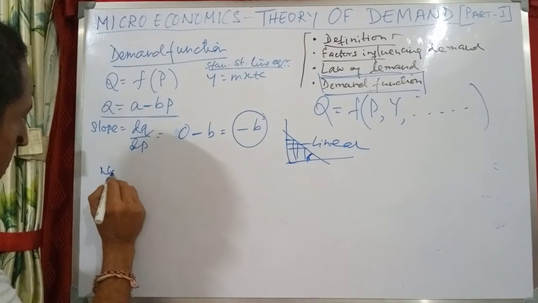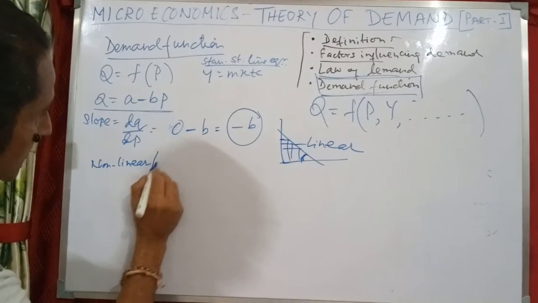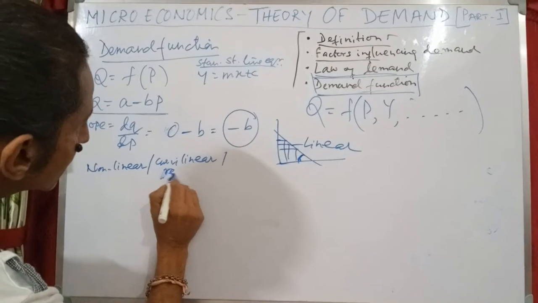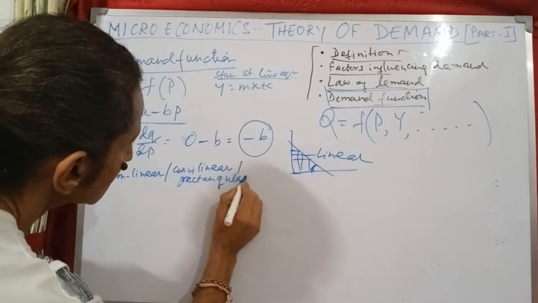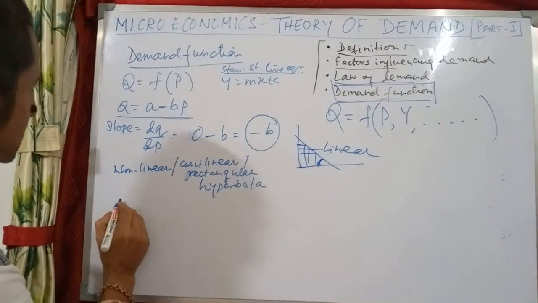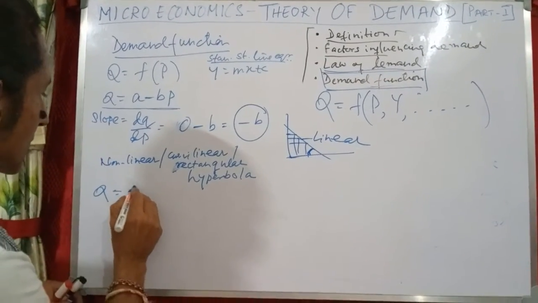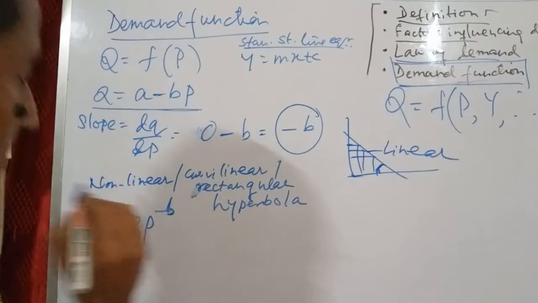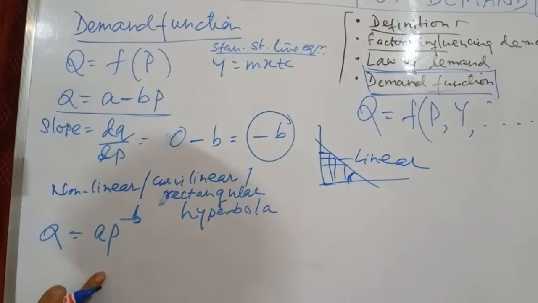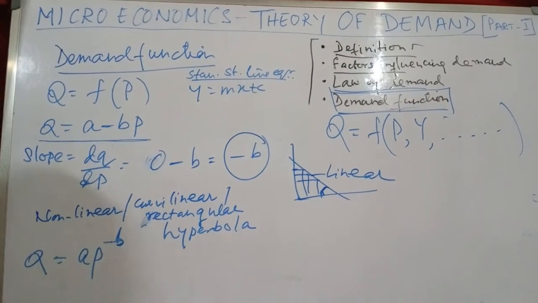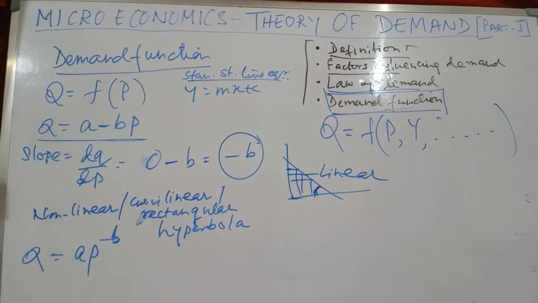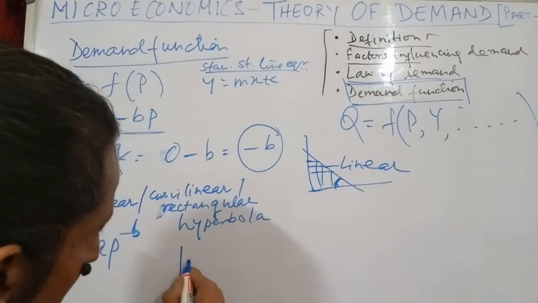In those cases, that is non-linear, curvilinear or rectangular hyperbola, the equation is Q equals A P to the power minus B. This will be the equation of the demand curve when it is not a straight line, rather it is non-linear or curvilinear or a rectangular hyperbola. That is, the shape will be like this.